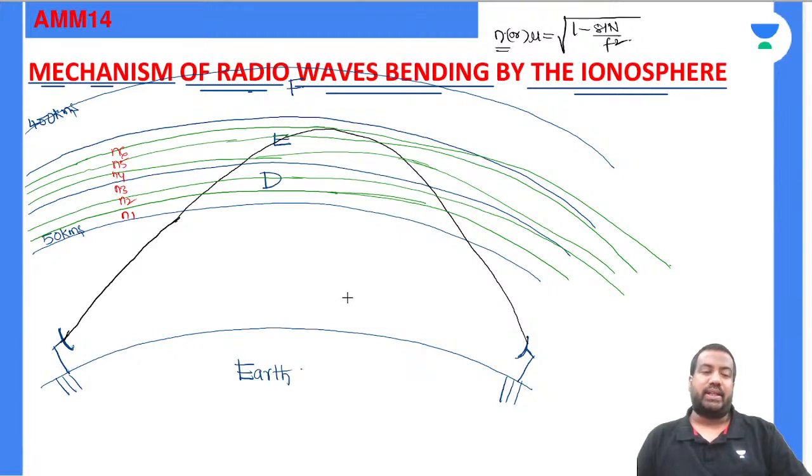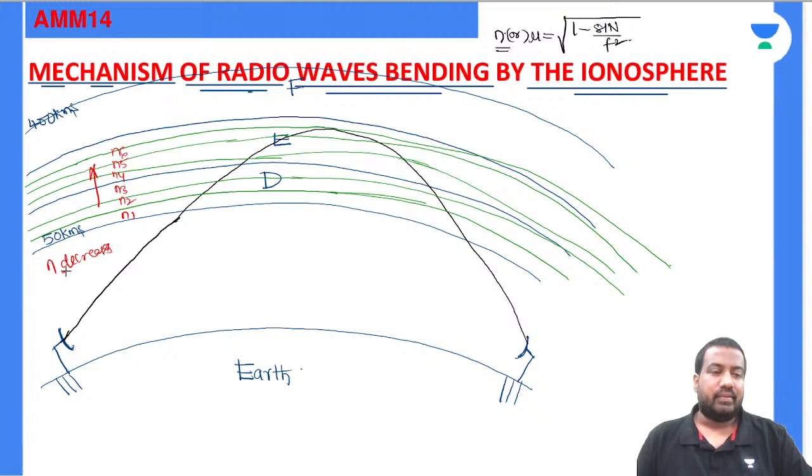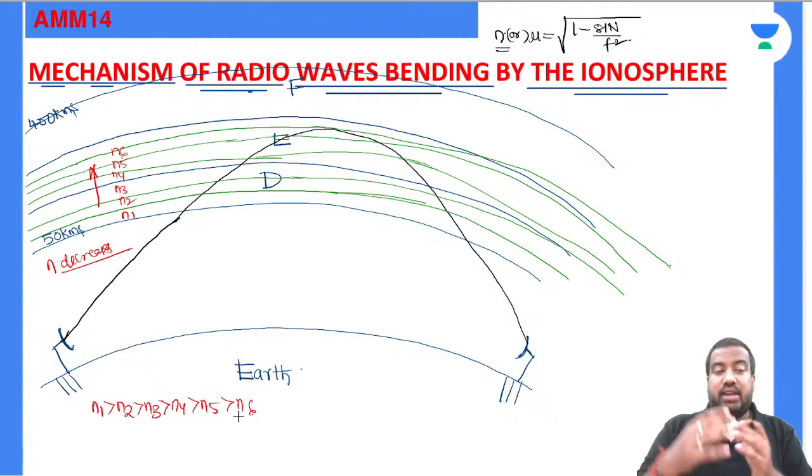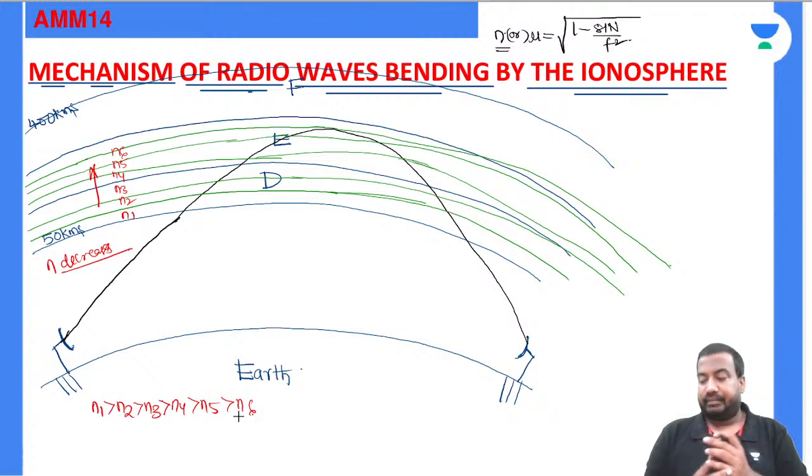As you move up, it decreases. So as you are moving up, N decreases, which means N1 is greater than N2 is greater than N3 is greater than N4 is greater than N5 is greater than N6.